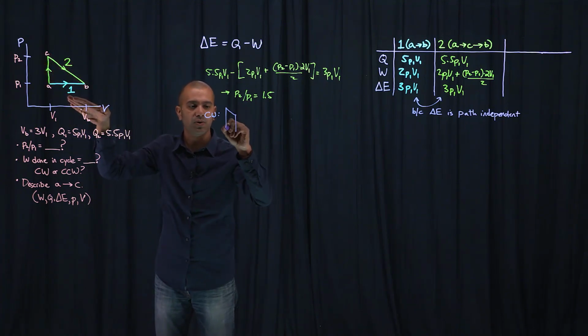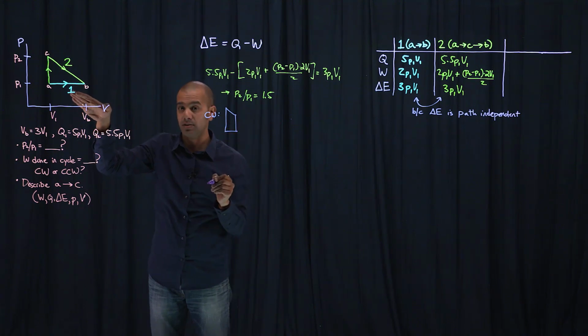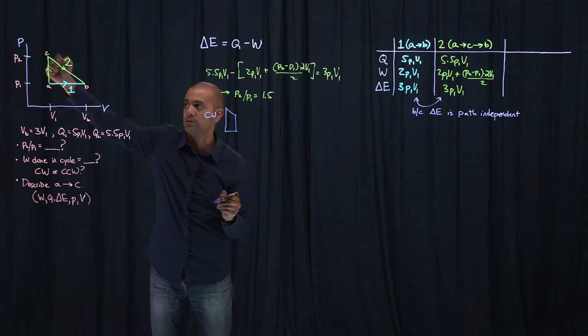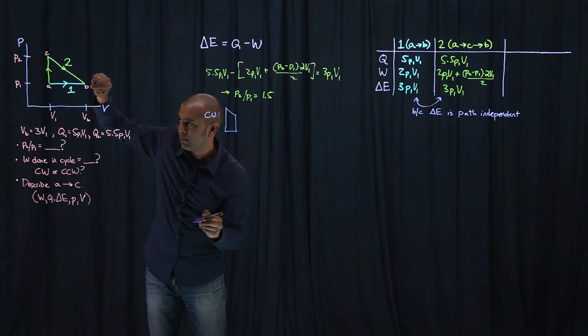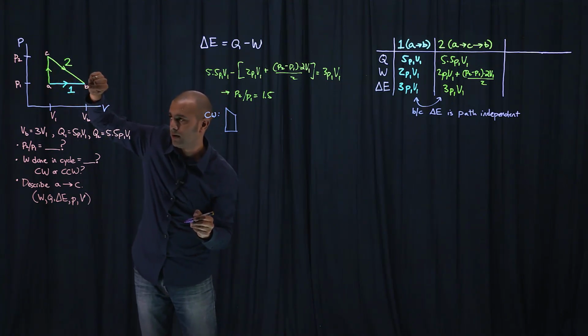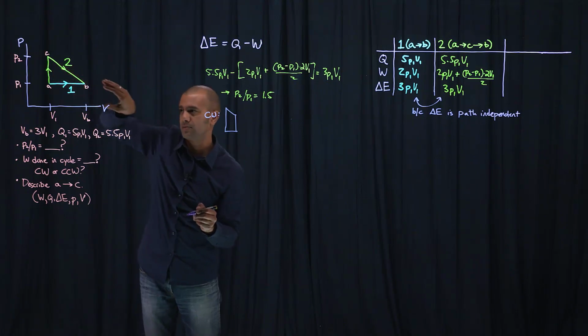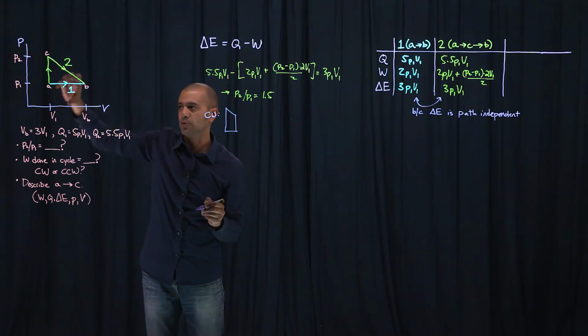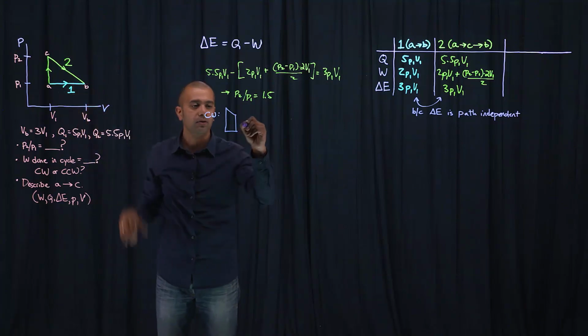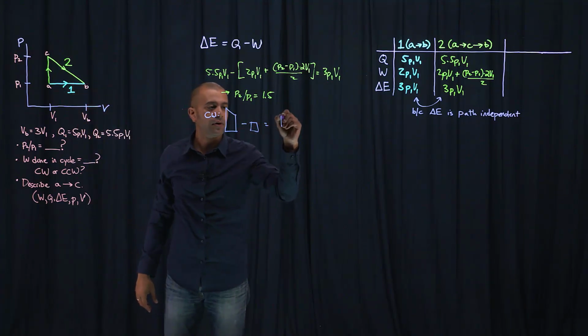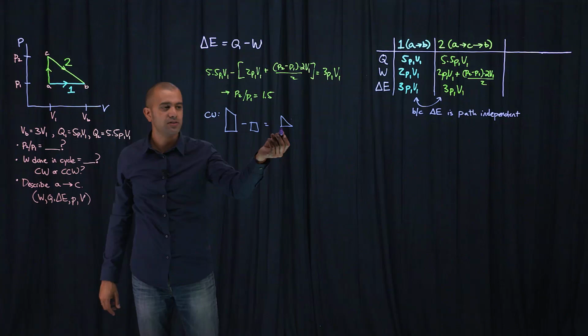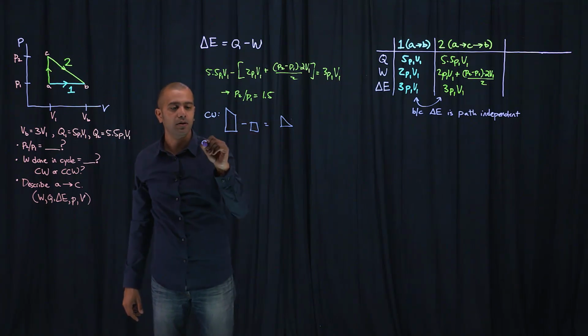So the work done is whatever the area of this trapezoid is, positive, because I'm going in the positive x direction this way. Now when I go back from B to A along the opposite 1 path, this integral is going to be negative because I'm going in the negative x direction. So whatever this area is, I have to subtract it out. The leftover area is that triangle. Okay, but that's a positive quantity because this is bigger than that.